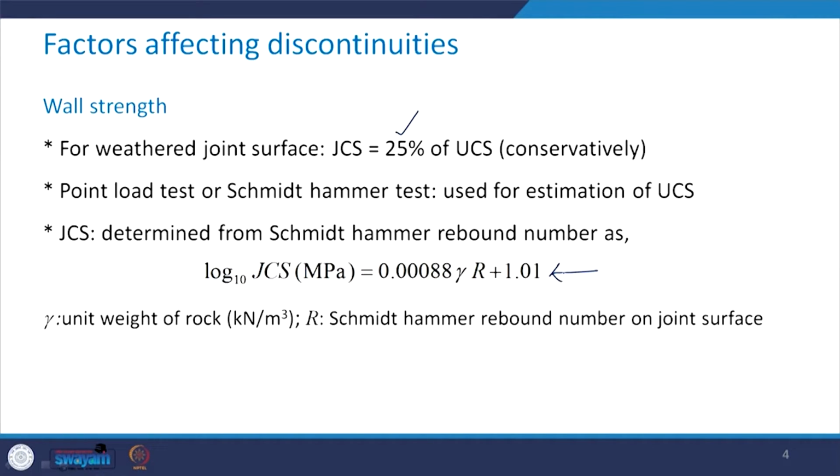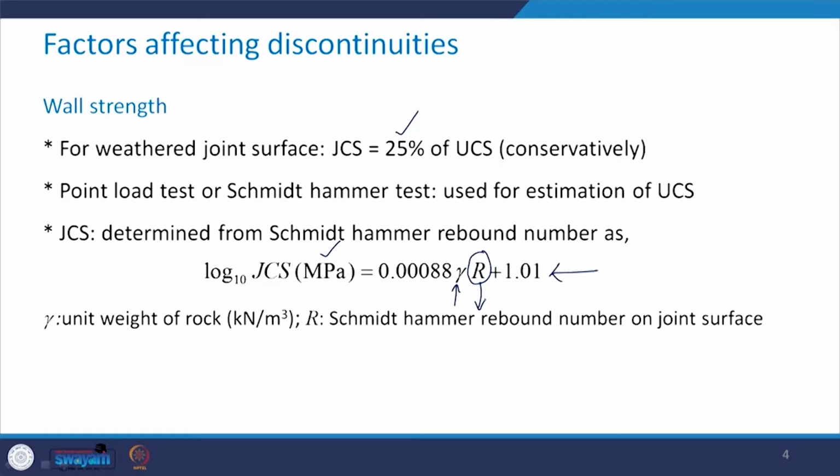Whatever JCS value we get from this expression would be in megapascal, and we need to substitute the unit weight of the rock in kilonewton per meter cube, and R is the Schmidt-Hammer rebound number on the joint surface. You can carry that hammer in the field, conduct the test and get the value of this parameter R. Substitute it in this expression and you will be able to get the value of JCS.